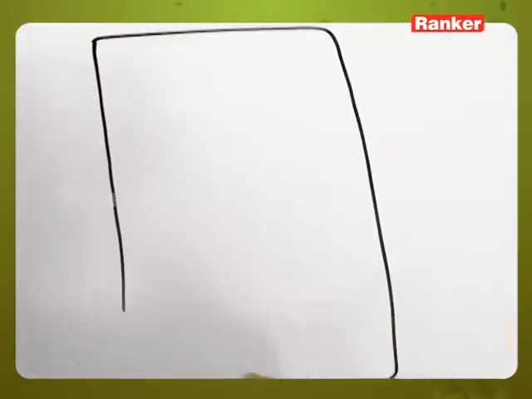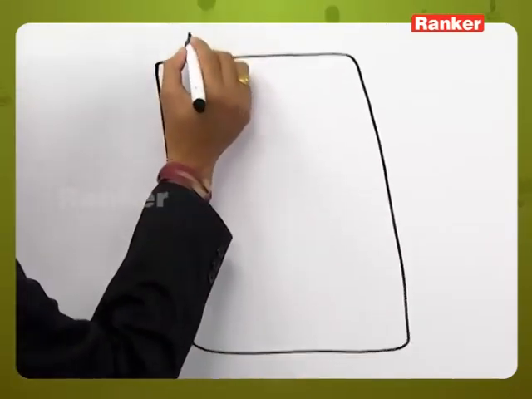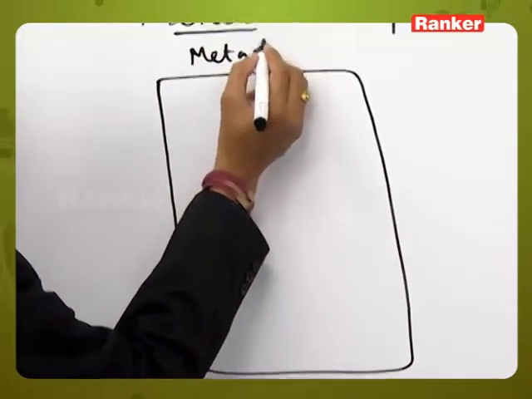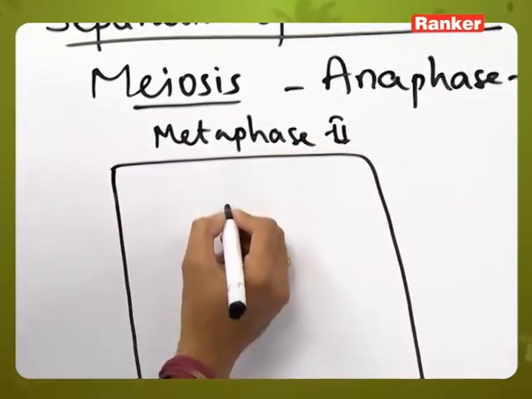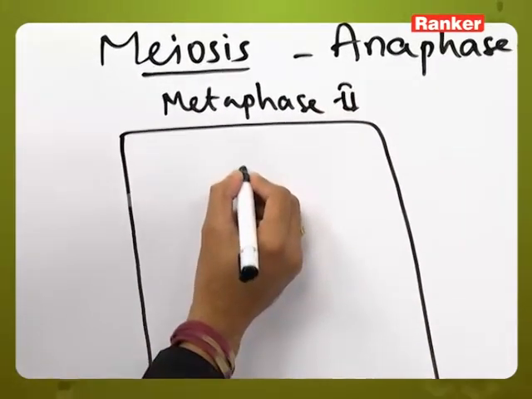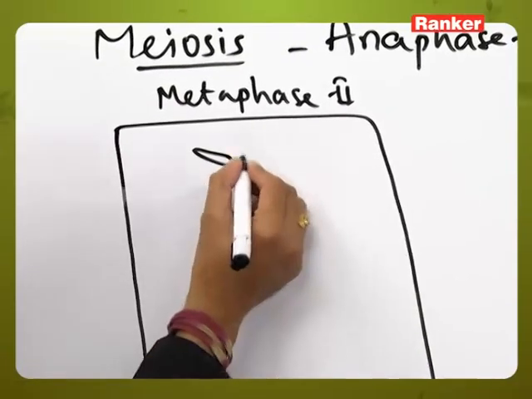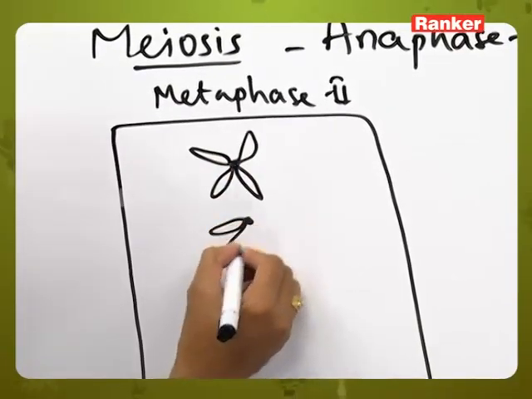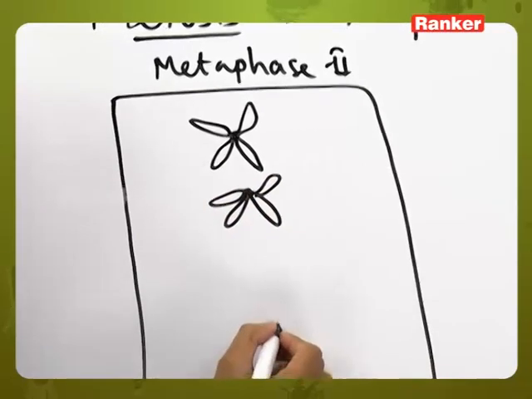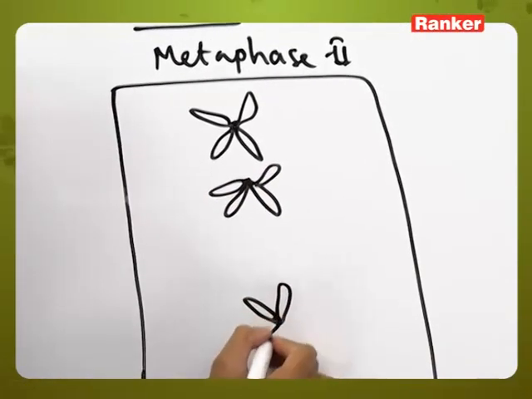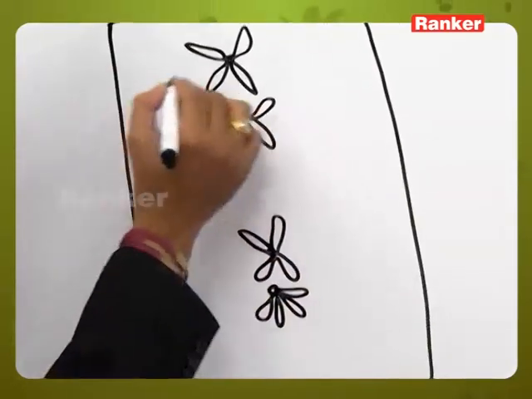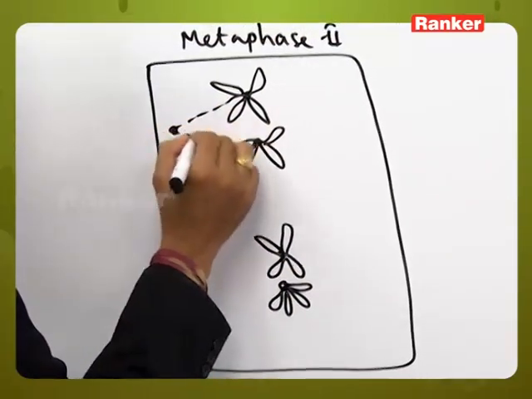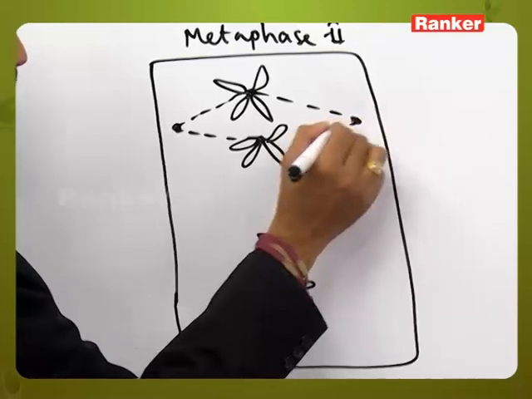or actually here during metaphase 2, we can see this type of diagram where chromatids are arranged on the metaphasic plate like this. Here are two bipolar spindles, one and the second bipolar spindle.